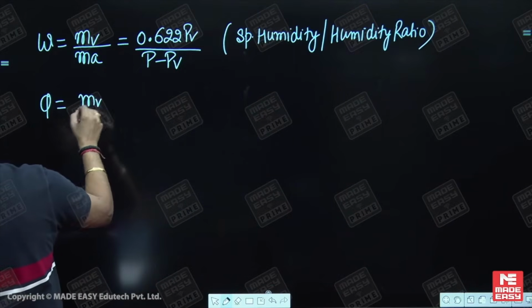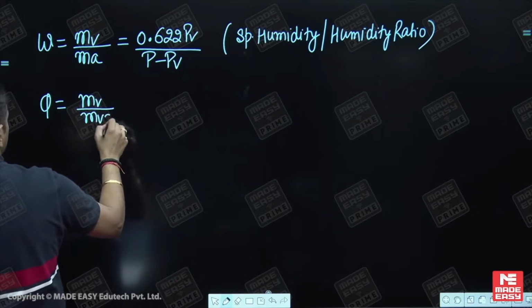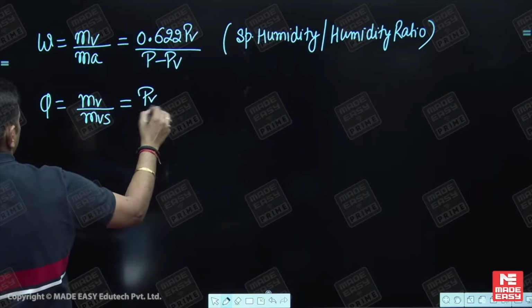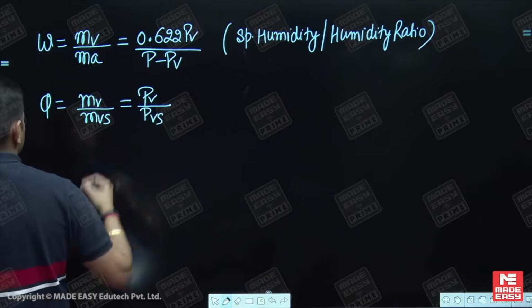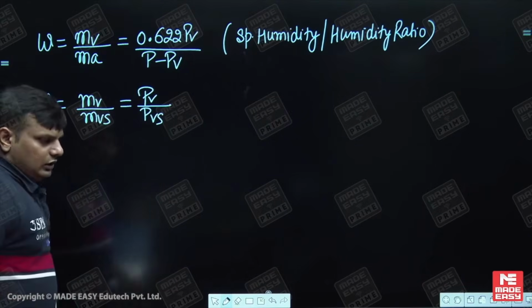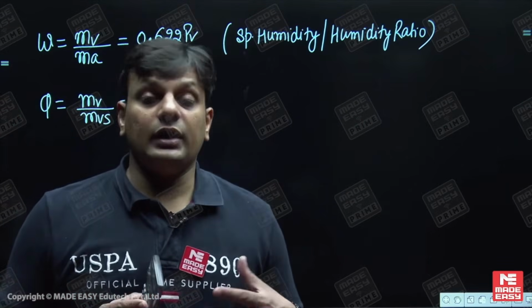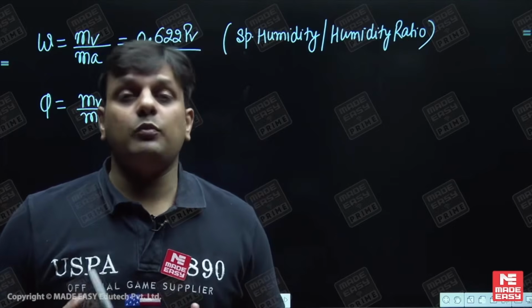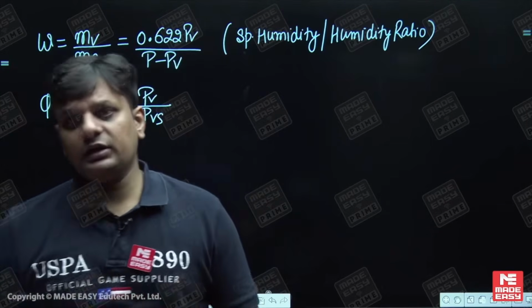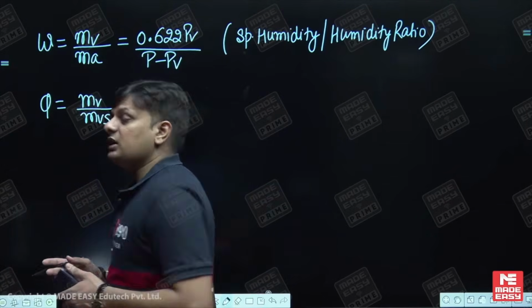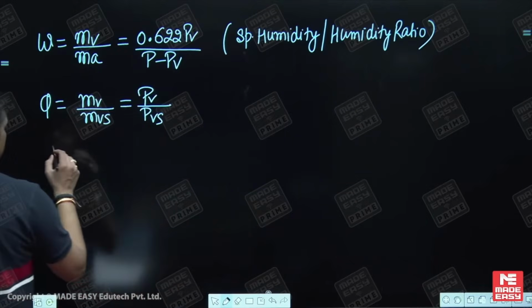Next is your relative humidity. Relative humidity is equal to mv upon mvs, or you can calculate with the help of PV upon PVS. In the previous objective questions I have already discussed that relative humidity indirectly indicates the moisture absorption capacity of the present air, and the specific humidity indicates the actual amount of water vapor present in the system.